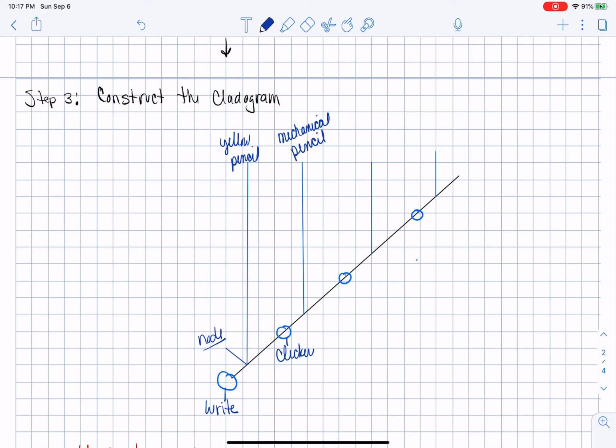The next node we had was ink. And the black pen fits all of those characteristics. It has ink, it has a clicker, and we can write with it. The final characteristic was colored ink.